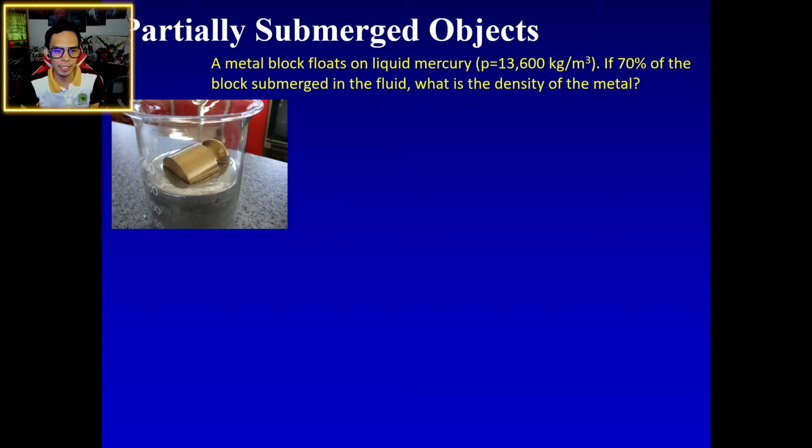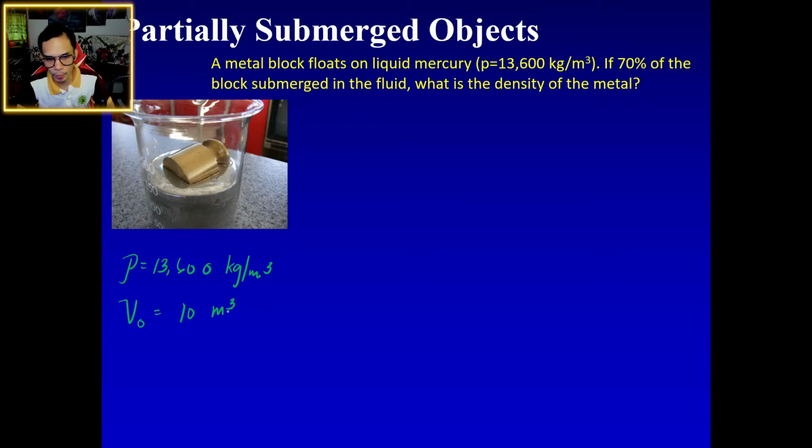What are the given things that we have? The density of the mercury is 13,600 kilograms per cubic meter. We have the portion of the block that is submerged, which is 70%. So the volume of the object should be 10 cubic meter.